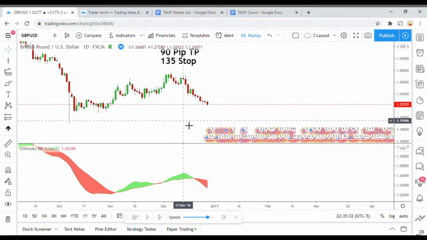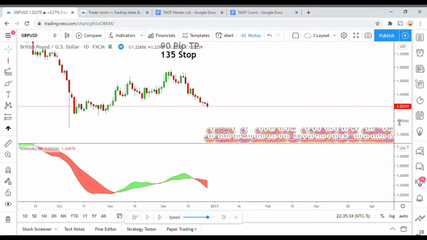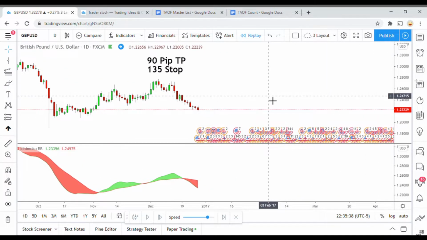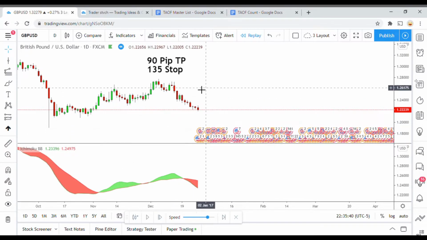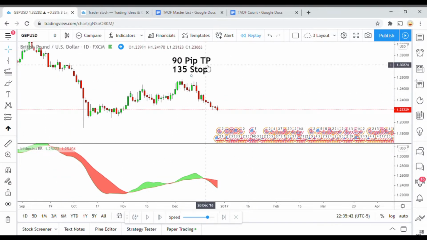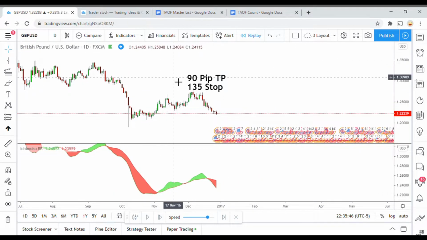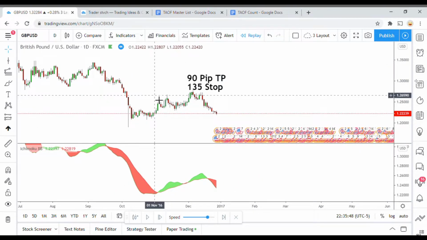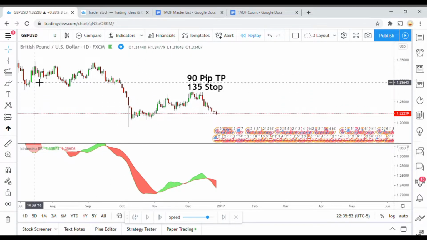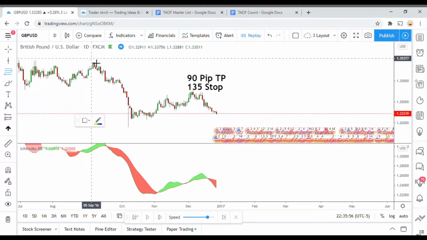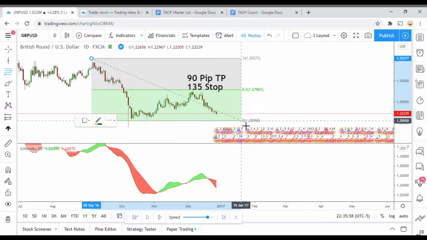Keep in mind, in the last video, I did touch base a little bit on Fibonacci levels and keeping an eye on the Fibonacci retracement. I had mentioned the extension, even though I don't use the extension a whole lot. I really use the Fibonacci retracement more than anything.